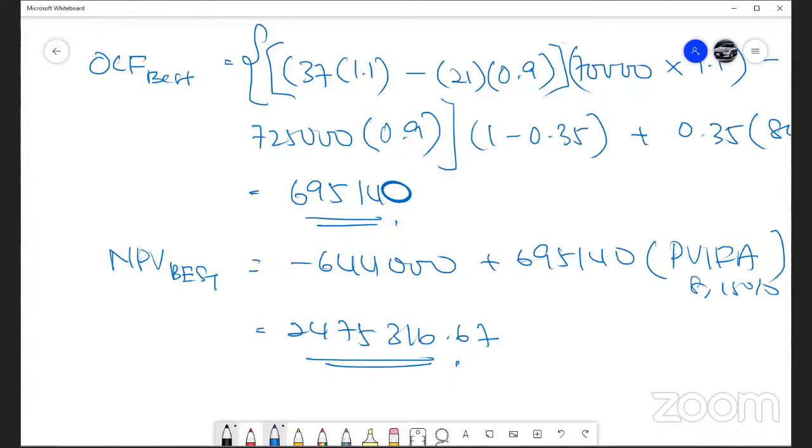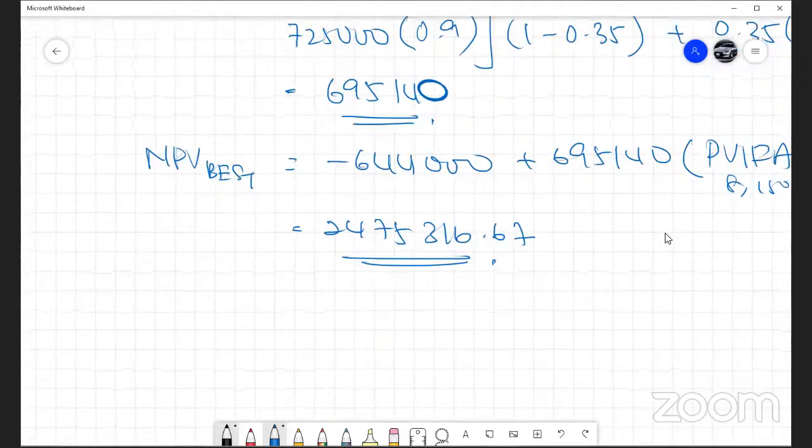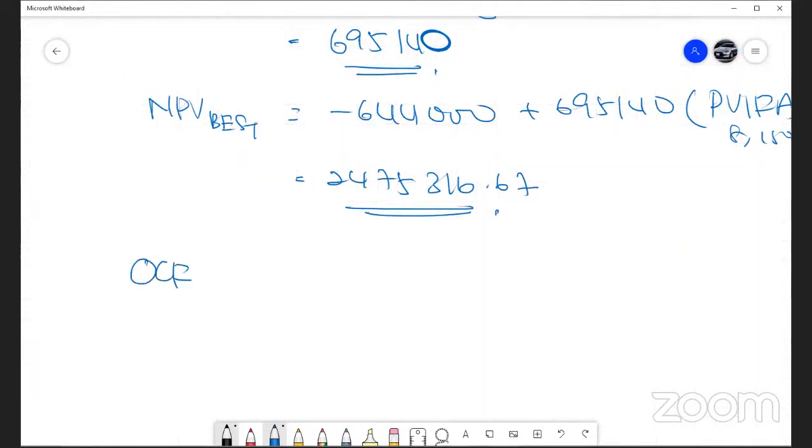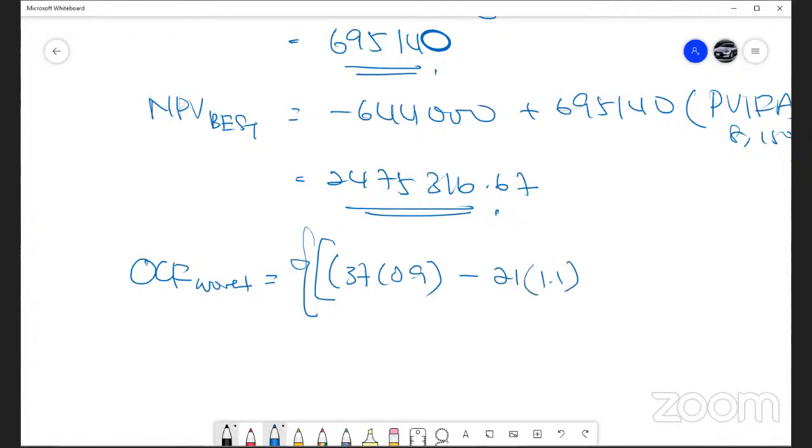All right. Now, your worst case scenario, OCF. Same thing, only the percentage you count is different. Instead of multiplying 37 by 1.1, it becomes 0.9. Minus 21, increased by 1.1, multiplied by 70,000.